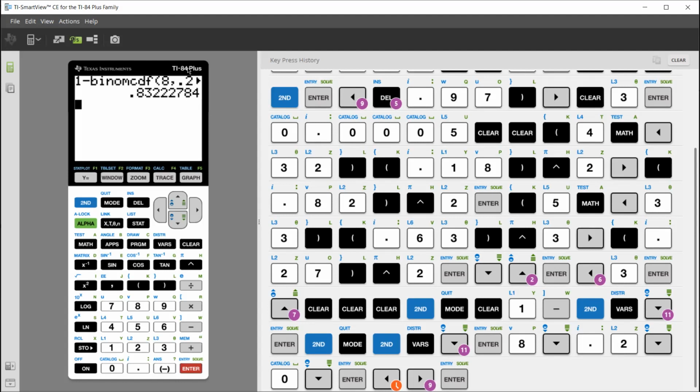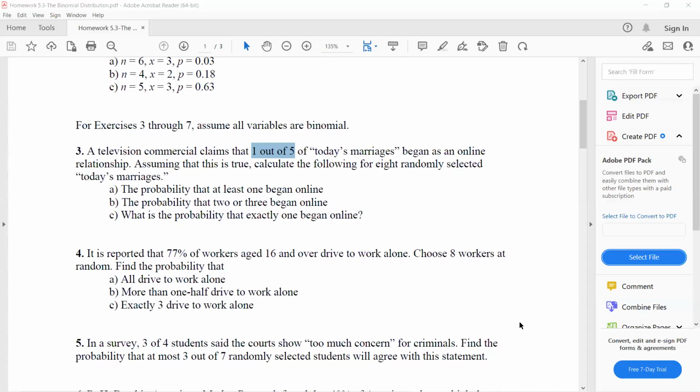Now let's look at the next situation. It says we're still with our 8 marriages, but it asks for the probability that 2 or 3 began online. In this case, you have a couple of options.